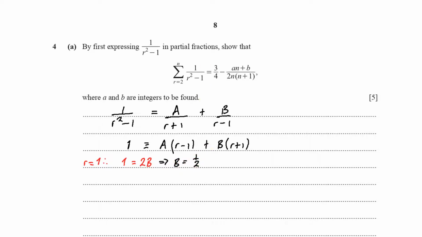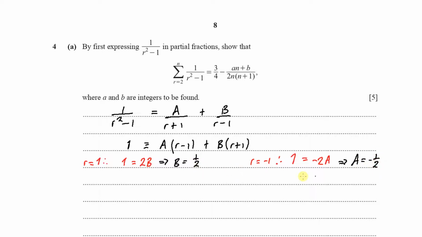And we can also say if r is equal to minus 1, this will become minus 2a. So we'll have 1 being equal to minus 2a, while this part gets covered up because minus 1 plus 1 is 0, so this whole thing becomes 0. So this will translate to a coming out as minus a half.